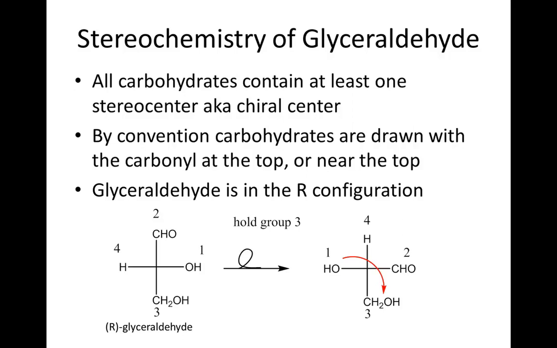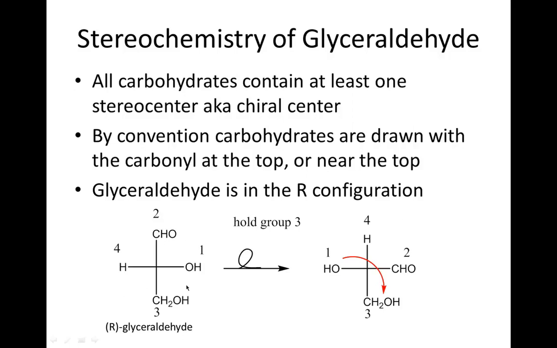In the case of glyceraldehyde, there are only 3 carbons, so the aldehyde group is at the top, the other end of the chain is at the bottom, and I have this 3-carbon chain. This is the conventional way of drawing it.